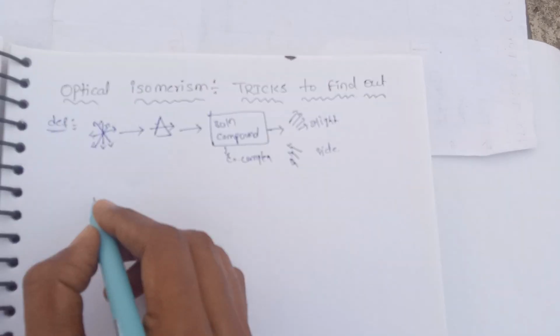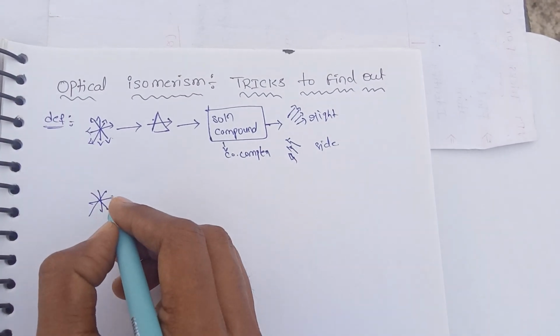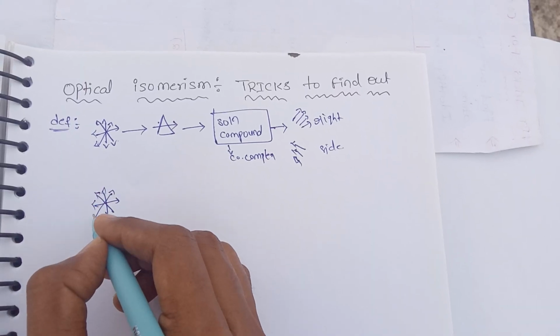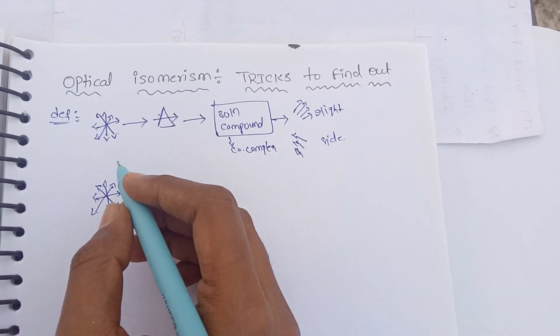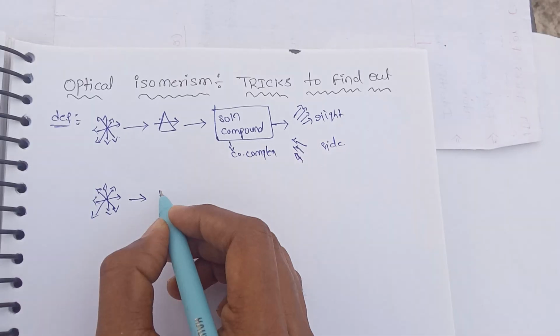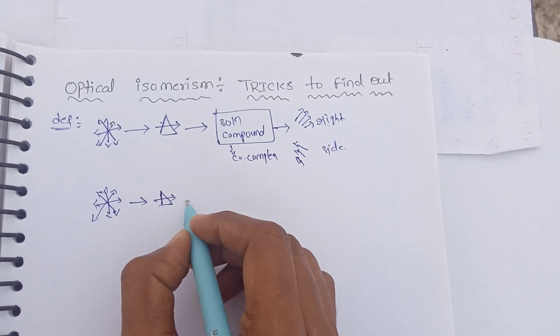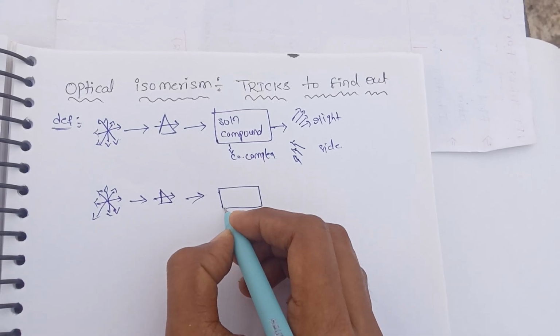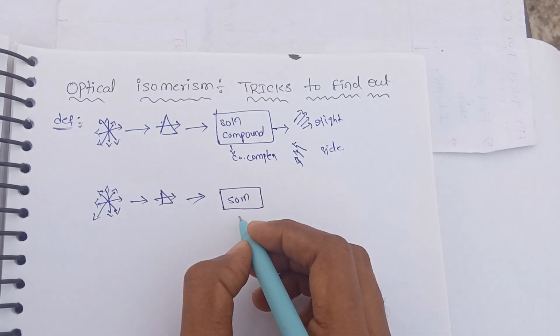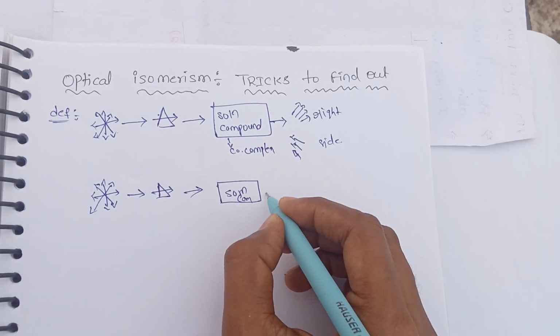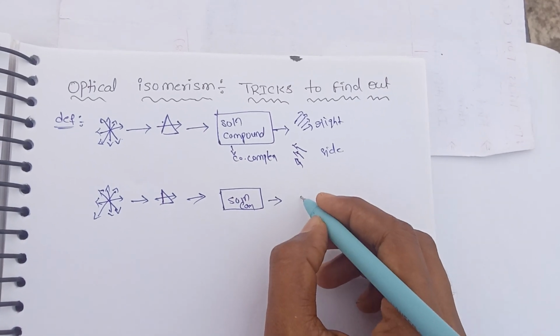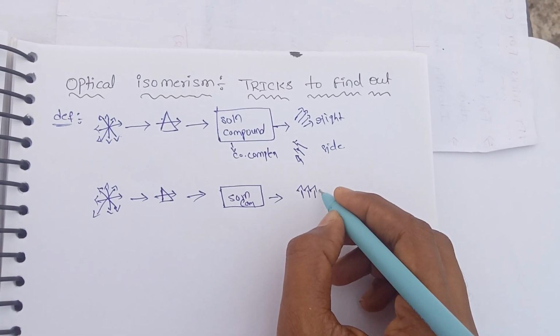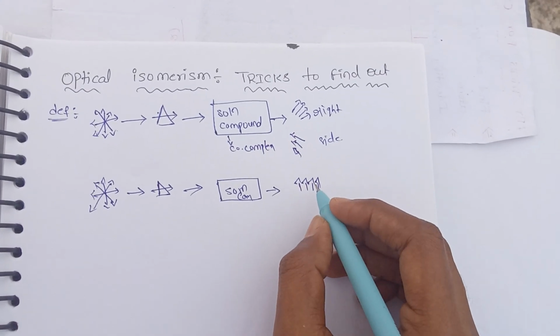So again, simple definition, guys. You have to take plane polarized light, and this will take the prism, and light is passed to the solution compound. Then the rotation is like this. That means there is no rotation.